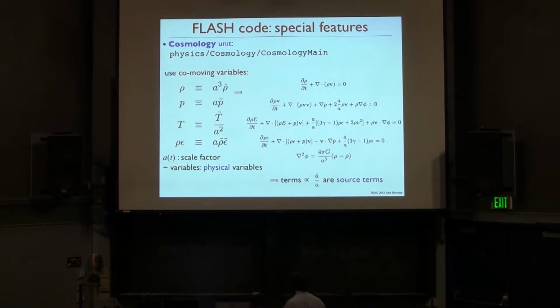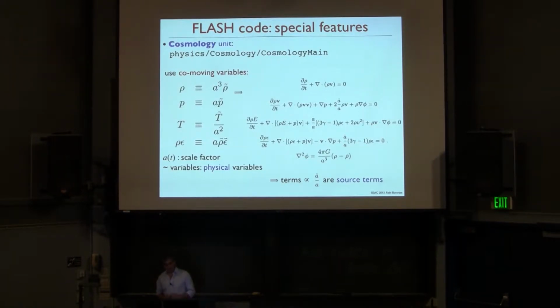Because of this simple rescaling, you get a couple of terms proportional to the Hubble rate, and these are essentially treated as source terms in these calculations. If you put them on the right-hand side of most of these equations, they appear as source terms, and this is how the entire framework handles the expansion factors.